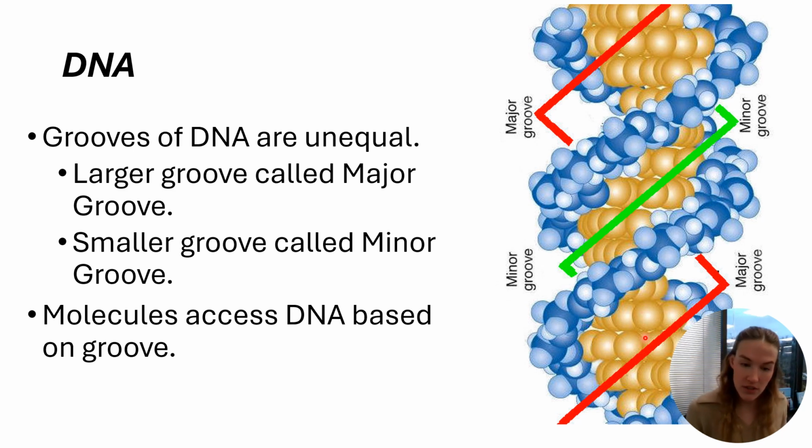However, I do want you to understand that when we have 3D structure, we get new functions that arise, right? And so this is really important because we have that adage that we say over and over and over again, that structure dictates function. Well, DNA interacts with lots of different molecules. It interacts with enzymes, it'll interact with small groups like acetyl groups and methyl groups, which we'll see during epigenetics.